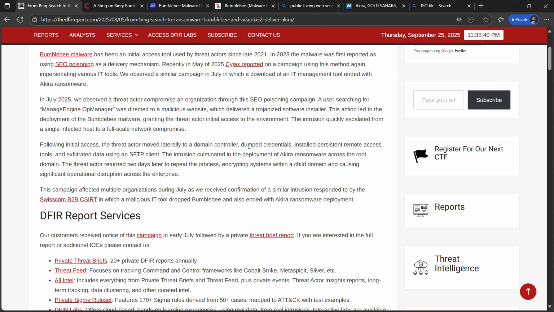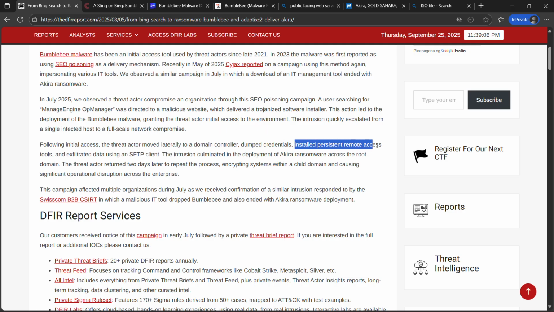Moving laterally is just moving through the network, accessing different accounts in order to try to escalate privileges, gain more access, exfiltrate more data and do more privileged stuff.